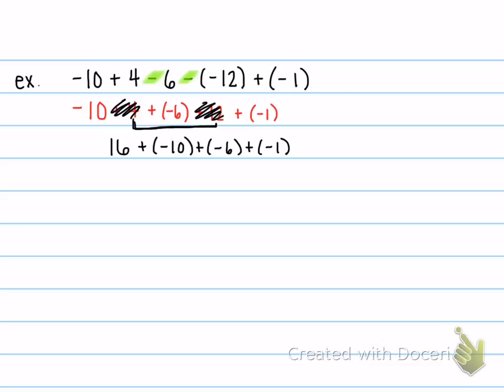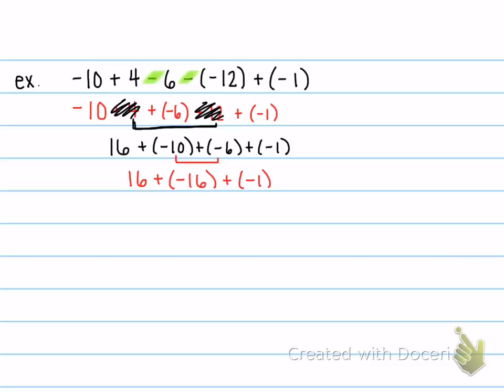So now I have three negative numbers that I need to add together. When they're all negatives, you know you're going to just add them all together and make one number, but I'm still going to write this as a step-by-step process. So I'll start by adding the negative 10 and the negative 6. I have 16 plus negative 16 plus negative 1.